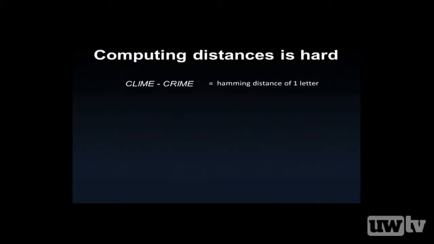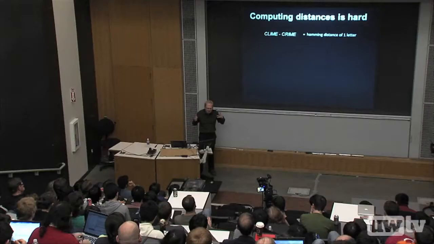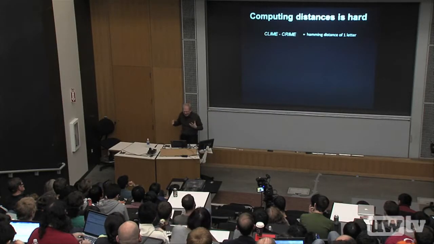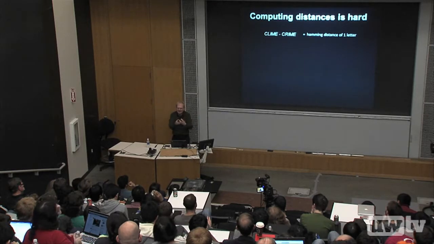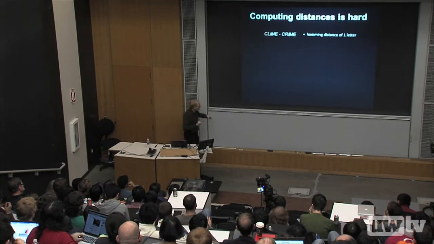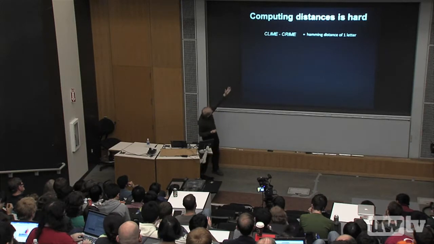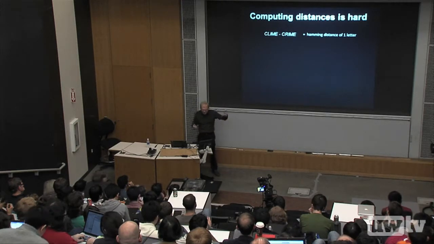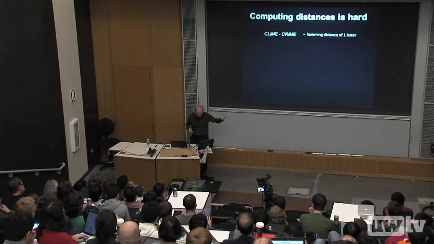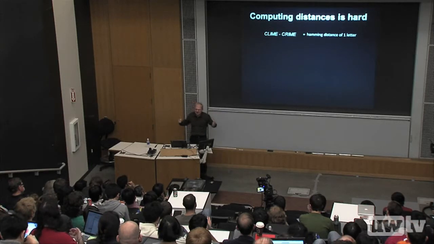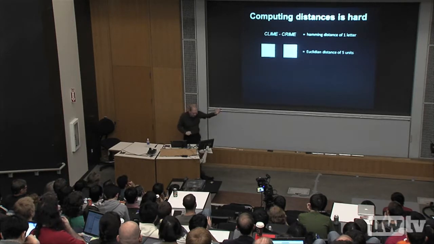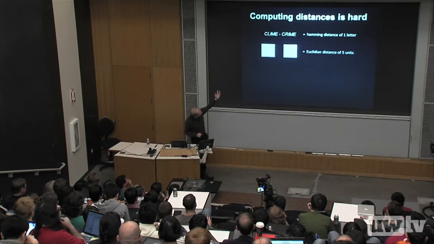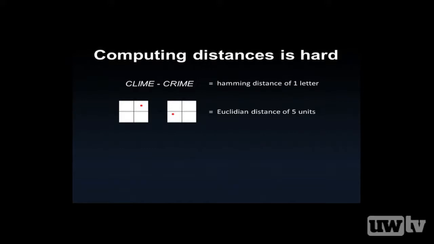What I mean is, basically, the biggest problem is computing a distance between two elements, two items, two entities. In text, for example, you can ask, what's the distance between climb and crime? Well, you can just use Hamming distance, and it's a one-letter difference. That's easy. If you have some sort of Euclidean distance, you can just compute the Euclidean distance.